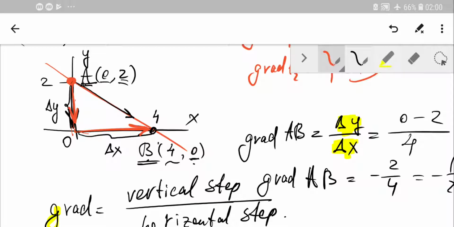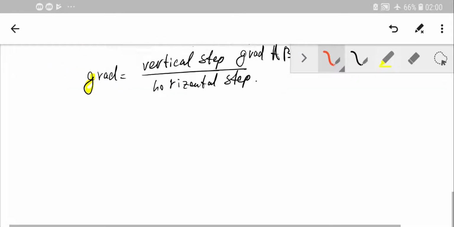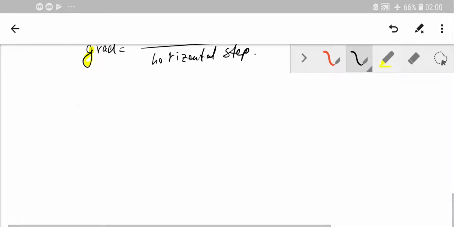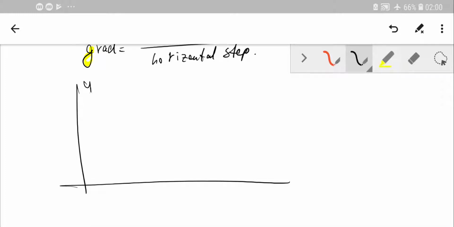So maybe let's try to define gradients for specific lines. Let's say we have y-axis coordinates and we have, first, a horizontal segment. Let's say it's at the level of 4, and this is 1, and this, let's say, is 5.